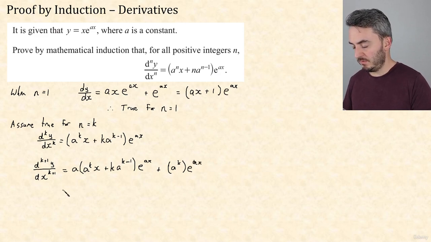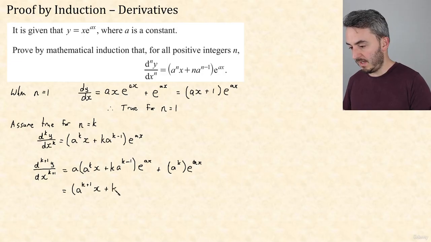Okay, in a couple of steps then, let's multiply the a into the bracket, and I get a to the k plus 1. The power of a goes up by 1, plus, now the power of a goes up again here, so that's k a to the k e to the ax, plus a to the k e to the ax.